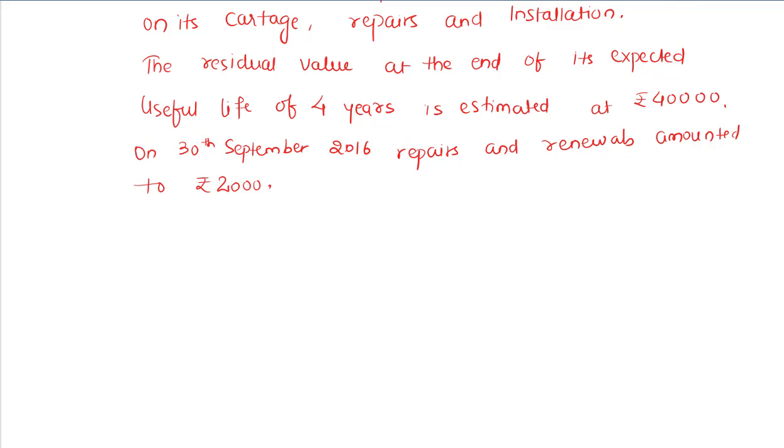Next, on 30th September 2017, the machine is sold for 50,000.